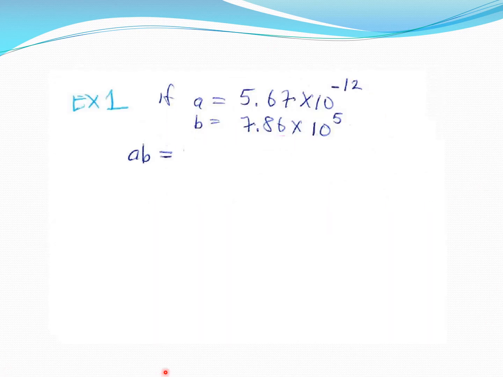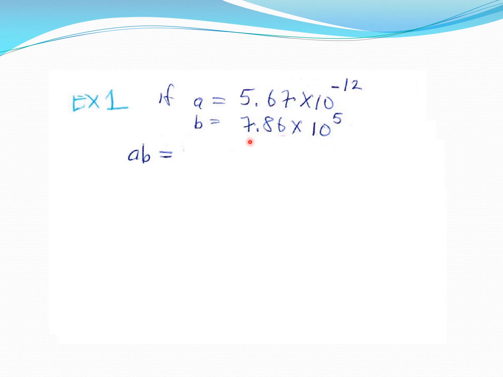So here's a few examples then. If A is 5.67 by 10 to the minus 12, B is 7.86 by 10 to the 5. How do we multiply those two numbers together? They are two numbers in scientific form. So you can multiply the first part together and then multiply the powers of 10 together, and we get our answer.